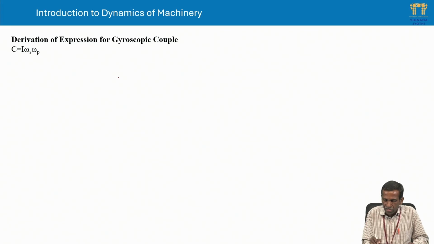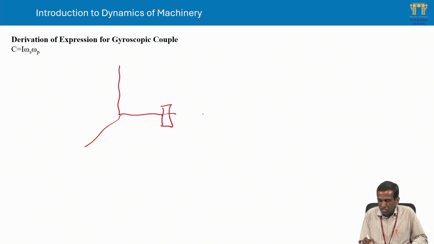Now I will show you why this gyroscopic couple arises. The spinning body is rotating. If I observe from in front of the body, let us say it is rotating clockwise.